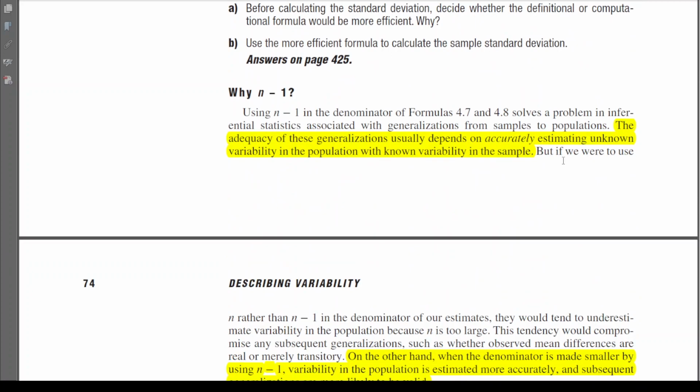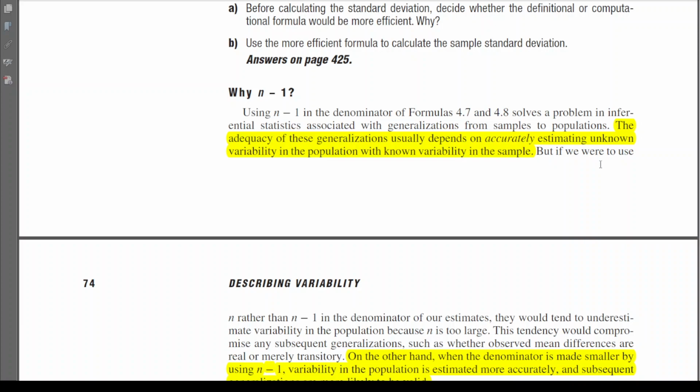Now, the question is, why are we using n minus 1 in the denominator? Using n minus 1 in the denominator solves a problem in inferential statistics associated with generalizations from samples to populations. In inferential statistics, we are often using the sample to understand or estimate a value or a parameter for the population.